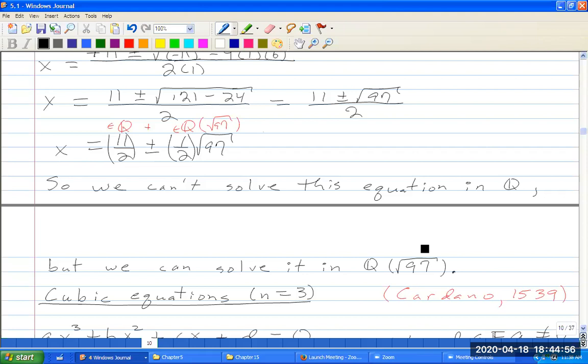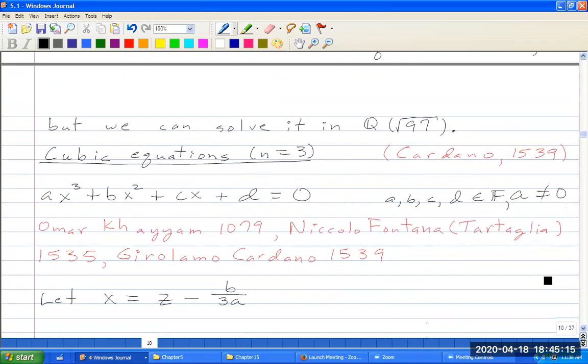Let's look at cubic equations. So the case that n is equal to 3. This was solved by Cardano in 1539. Actually, it wasn't solved by Cardano, but he's the first person to publish it in 1539.